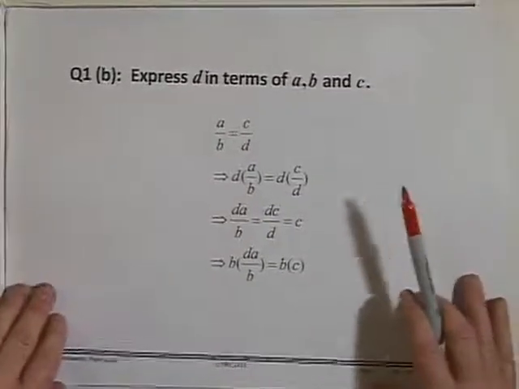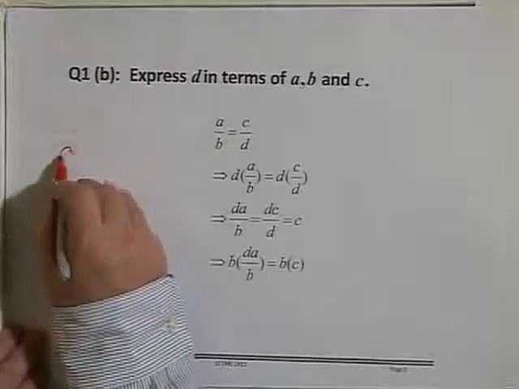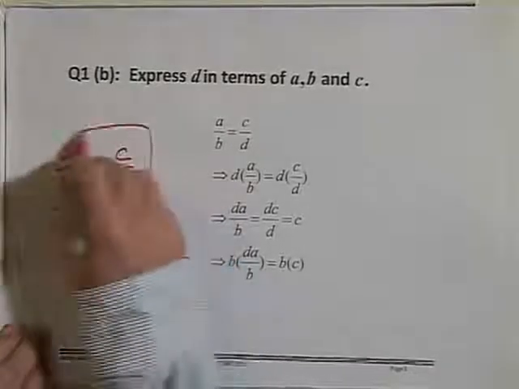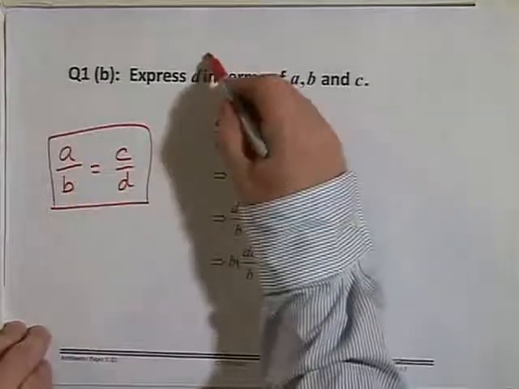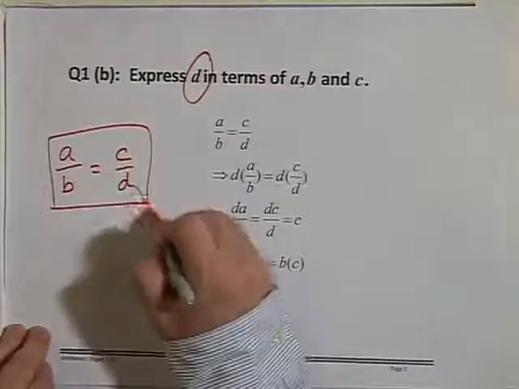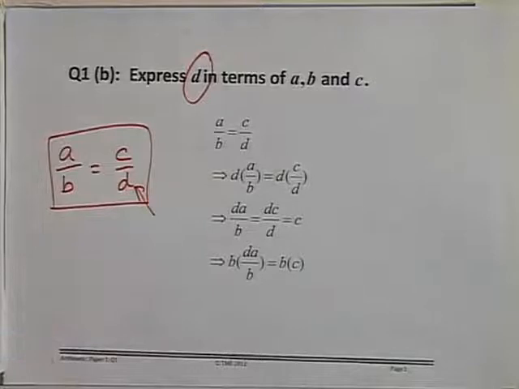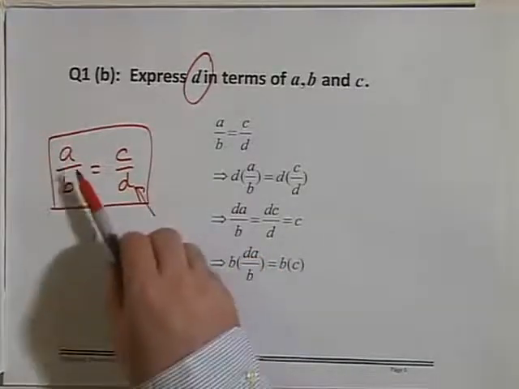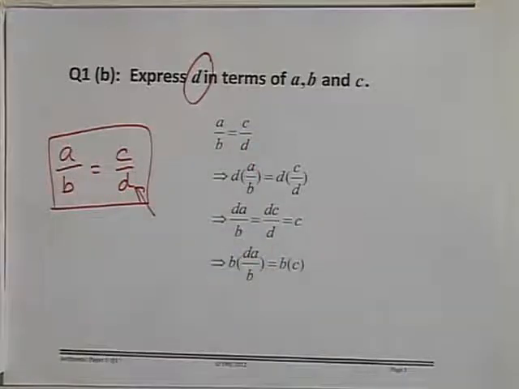Okay, same question, A over B is C over D, but now I'm interested in the term D. I'd like D to be on the left-hand side, on its own with nothing else there. Okay?